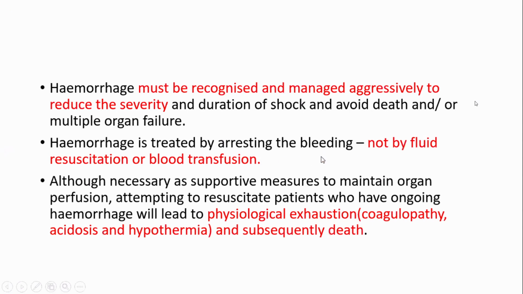Bleeding should be arrested. We cannot resuscitate only with blood because we have to control the bleeding. If there are bleeding vessels, we have to take the patient to the OT, and the bleeding vessels should be controlled. Similarly, we need to give supporting measures.